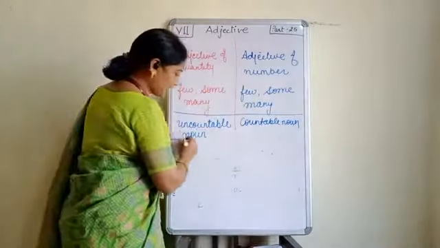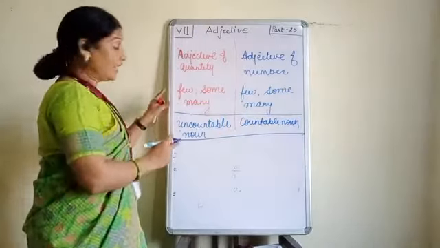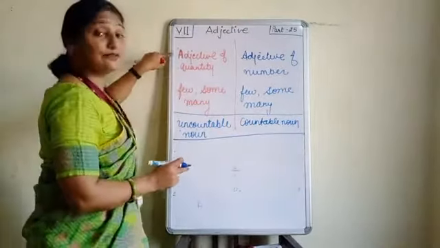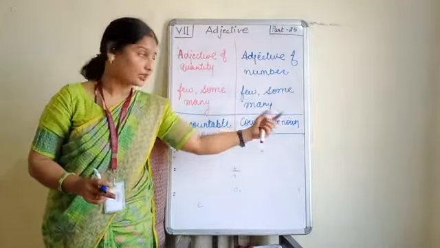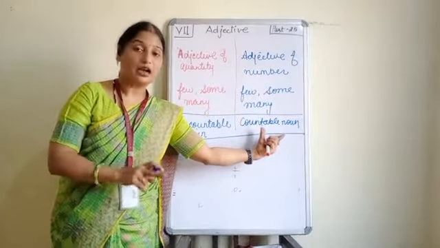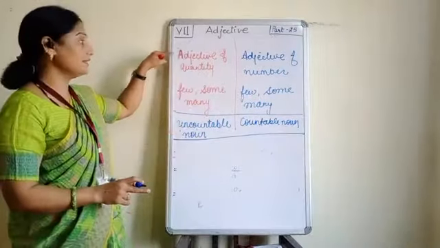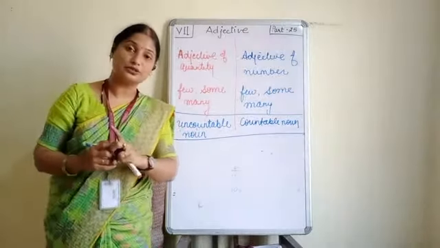So this is the basic difference between these words which are related with adjective of quantity as well as adjective of number both. Now, along with a number, they are used with countable noun, and in the sense of quantity, they all will be used with uncountable noun.